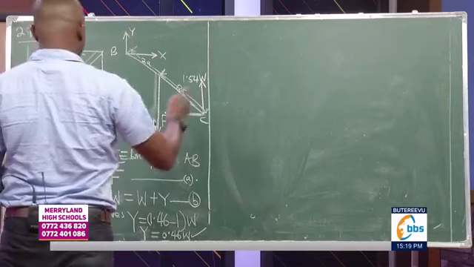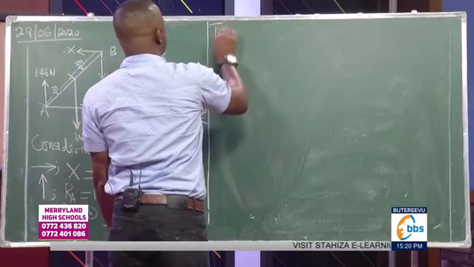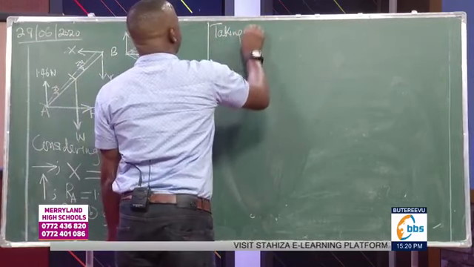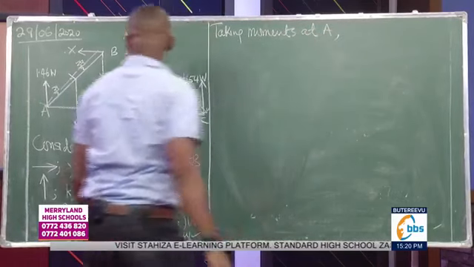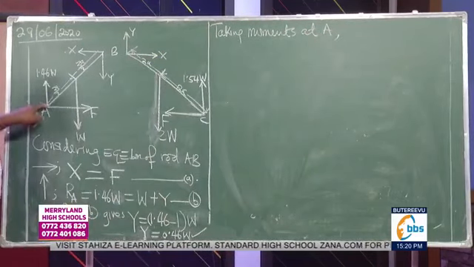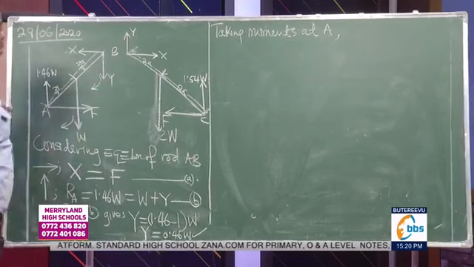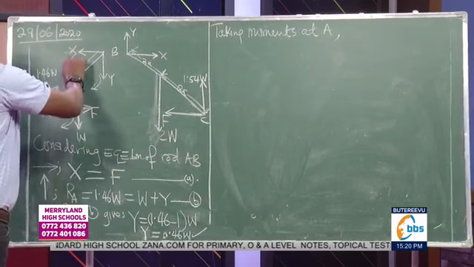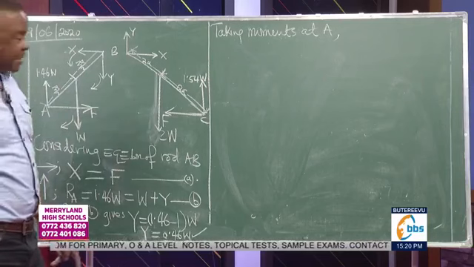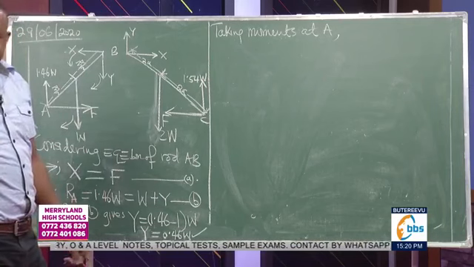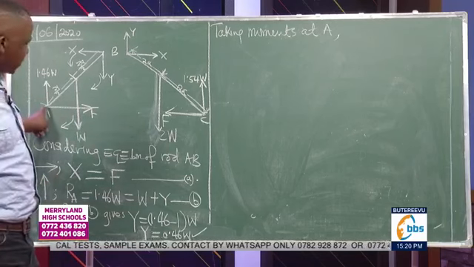And if we take resolution at A, we are taking moments. Taking moments at A. A is right over here. If I take moments here, W will be clockwise, Y will be clockwise, and only X will be anti-clockwise. The most important thing, my dear learners, here is knowing the perpendicular distance from the point of action of the force to the point of reference.